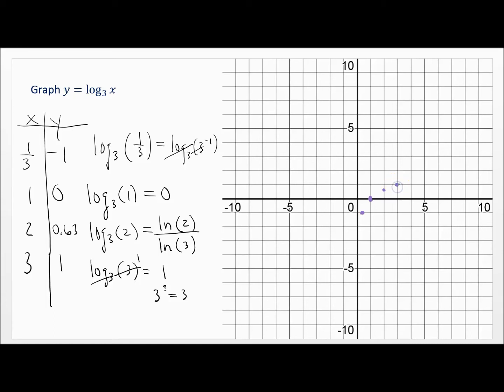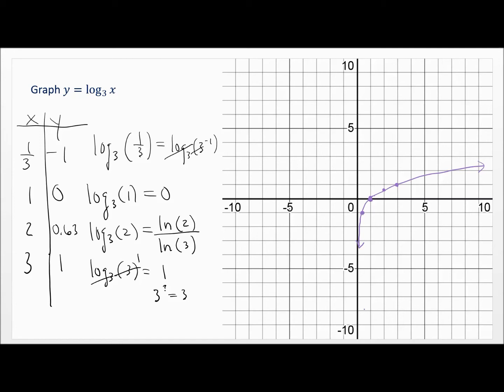If you plug in larger numbers, it gradually increases, almost like a square root. And if I plug in numbers closer and closer to 0, it goes down to negative infinity. Like if I plugged in 1/9, you would get negative 2. If I plug in 1/27, you'd get negative 3.